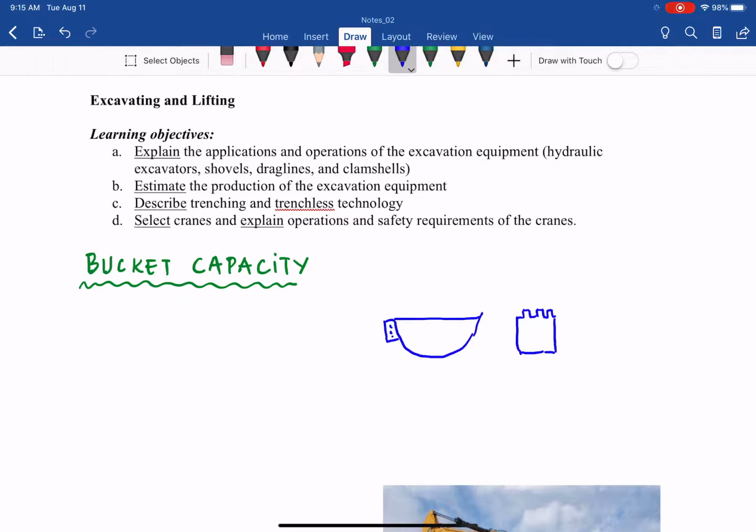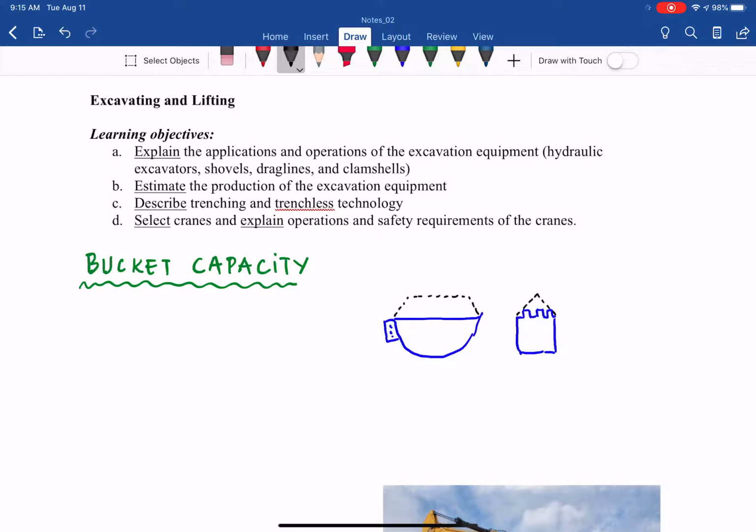The side view. And for the material itself, as you can see, it can carry the material for the bucket, and of course on the other side we can have that material.